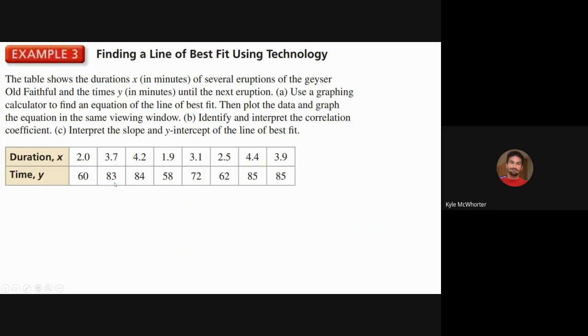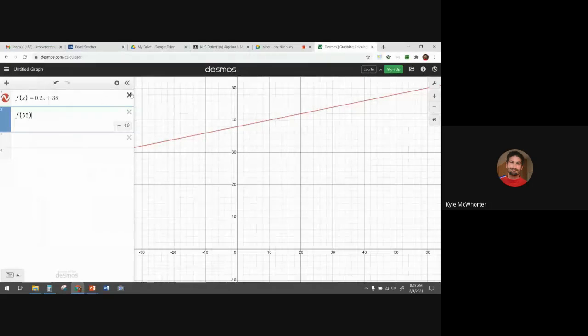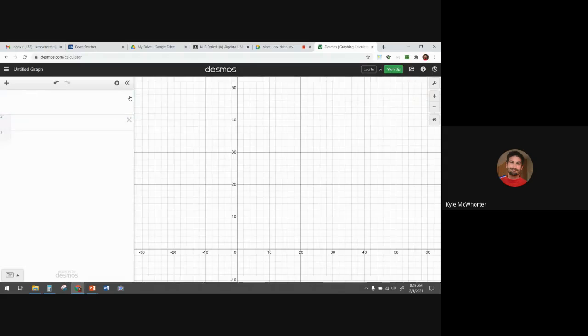So what I want to do, we're going to put this data in our calculator. I am going to need to come over, not that calculator, this calculator. Okay, so now we're going to add a table. And in the X1 column, we're going to put all of our X values.